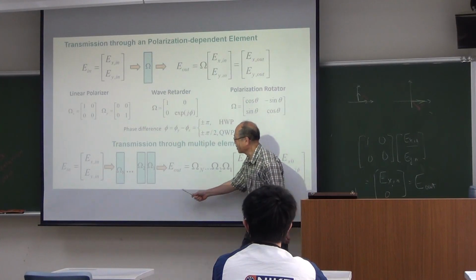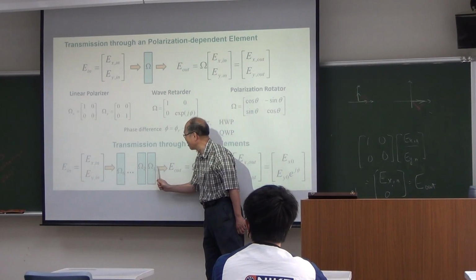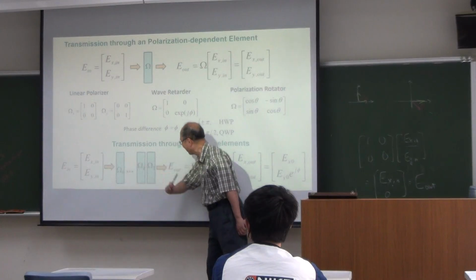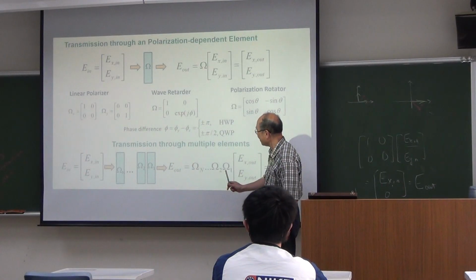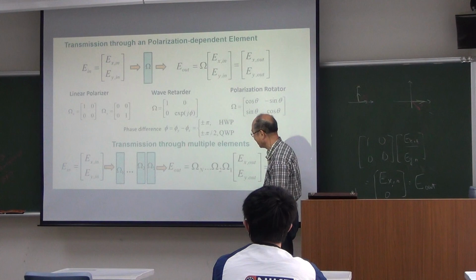So you see that the sequence is omega 1, 2, 3, 4, 5, but in fact, no, I made it wrong.